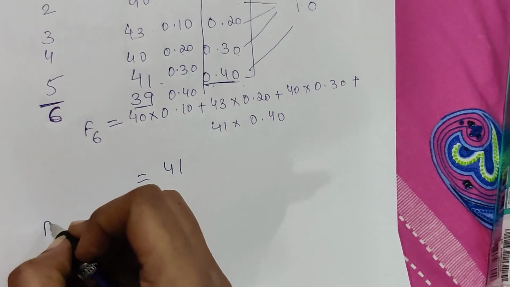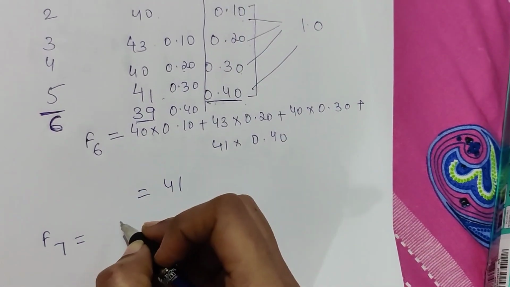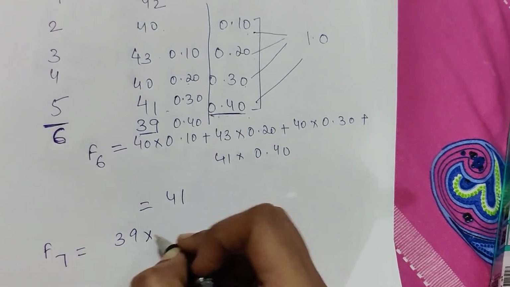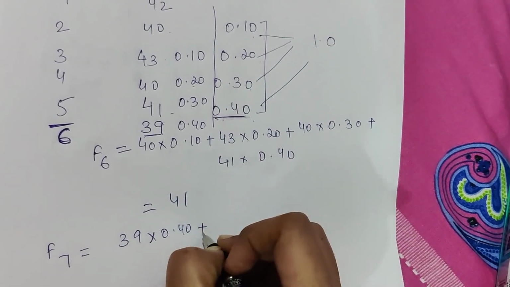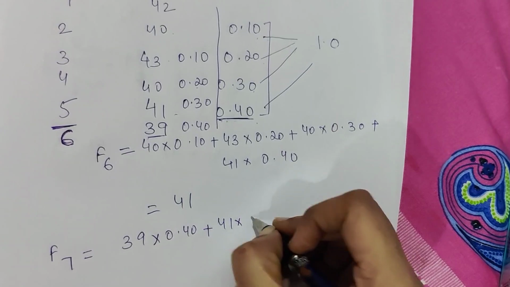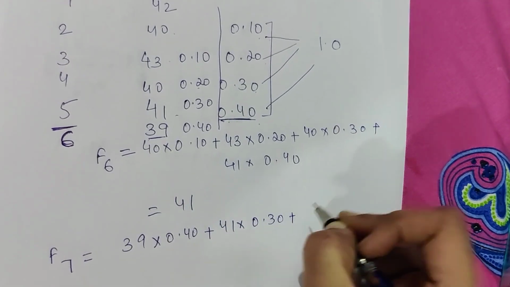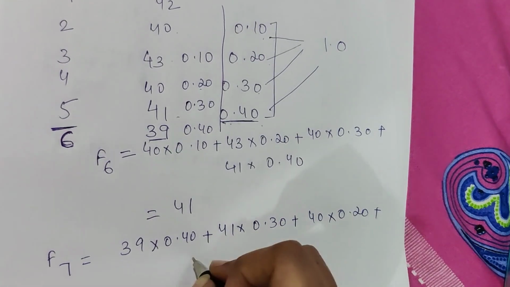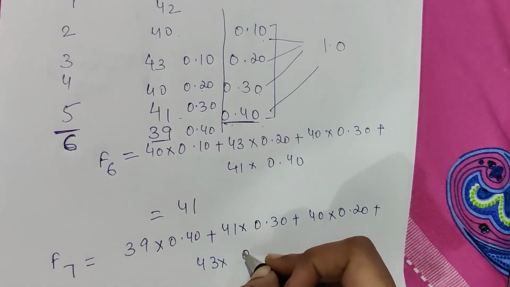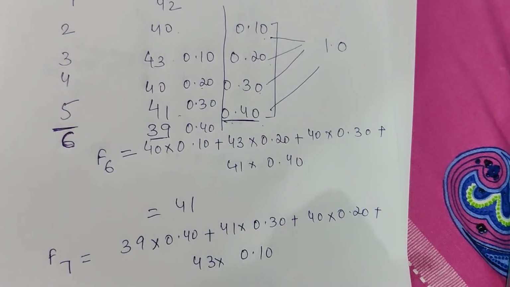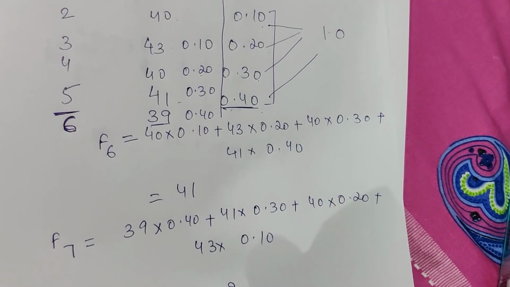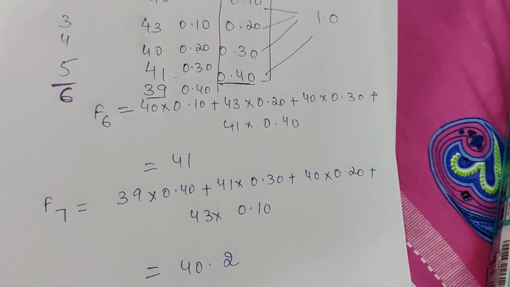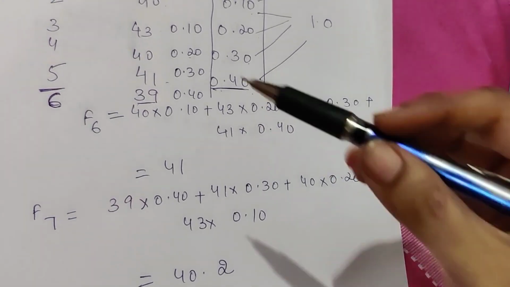Now what will be F7? F7 will be equal to 39 into 0.40 plus 41 into 0.30 plus 40 into 0.20 plus 43 into 0.10, which gives me a value of 40.2. Right? So now you understood the weights.